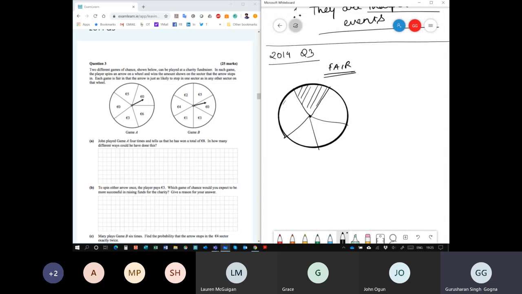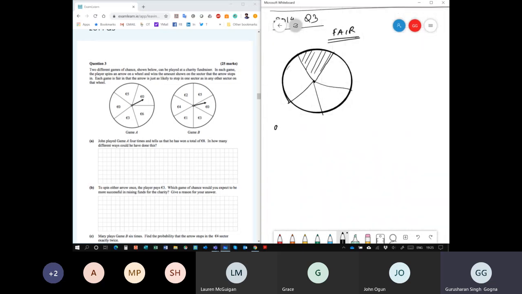Okay, now the question starts from here. John played game A 4 times and tells us that he has won a total of €8. So he basically spun 4 times and won a total of €8. In how many different ways could he have done this?